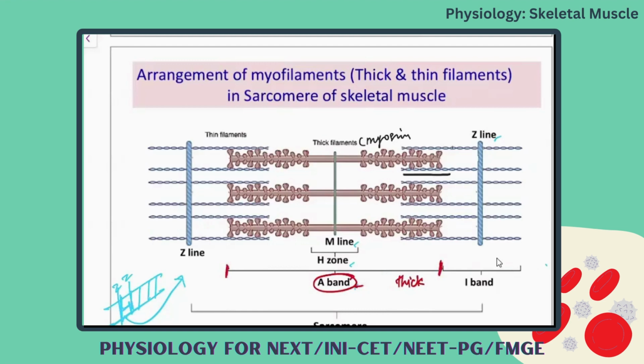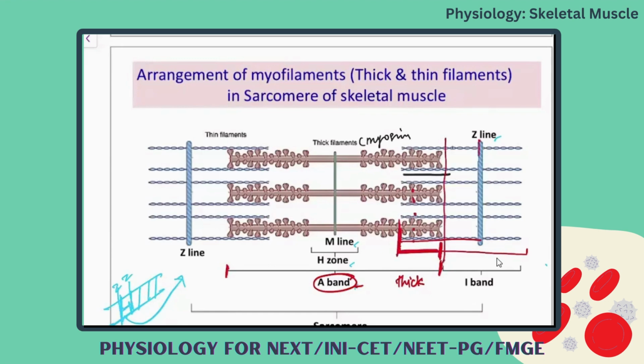And now next you see the thin filaments, this is the thin filament. The thin filaments are attached to the Z line. And the space, what is this demarcation? Here also you have the thin filaments, but here it has the alternation of thick filament, thin filament, thick filament, thin filament.